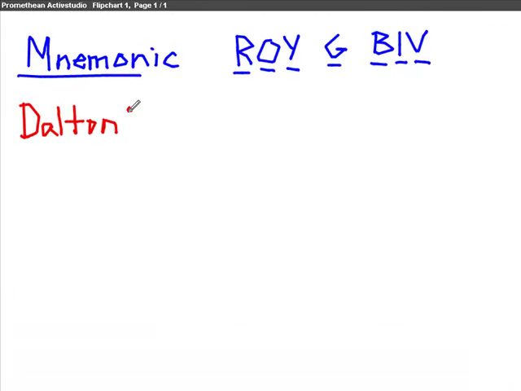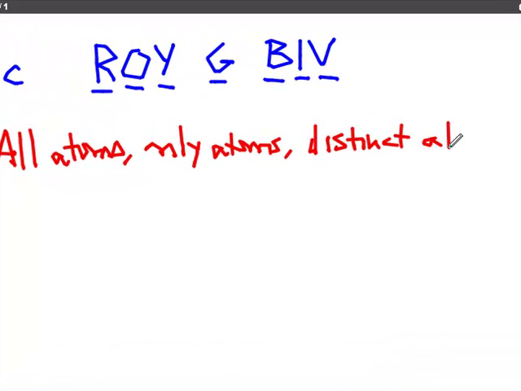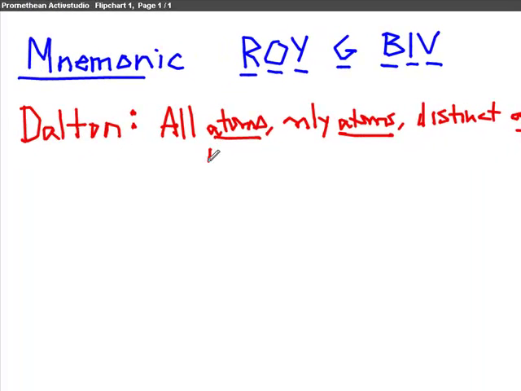So the mnemonic for this is all atoms, only atoms, and distinct atoms. So the very first one talks about atoms. Dalton's atom theory had three things. All matter is made up of atoms. That's this first part here. All atoms are indestructible and cannot be divided.